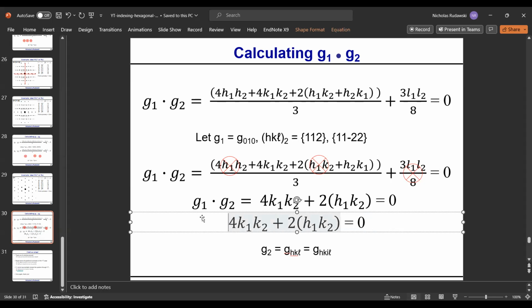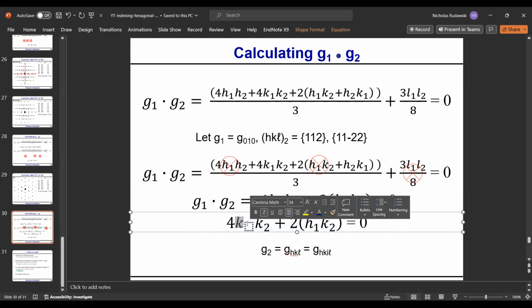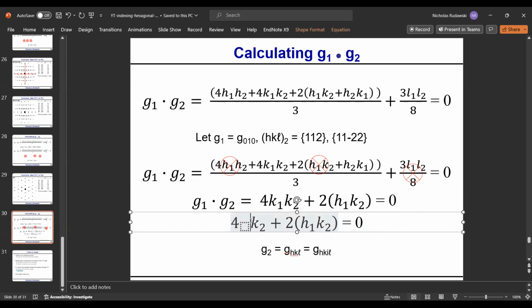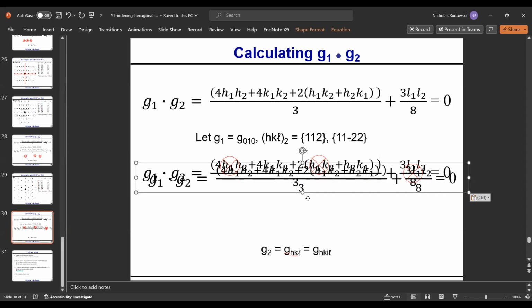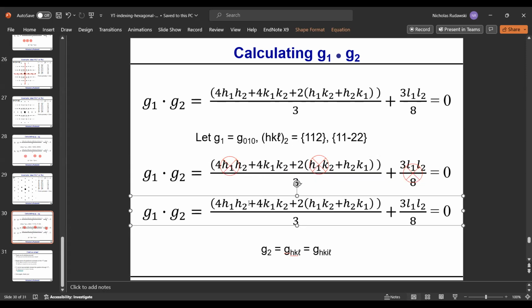Okay, so we know K1 is 1, so we can make the substitution. Sorry, did I copy the wrong thing? I did. Let me go back here and do this again.